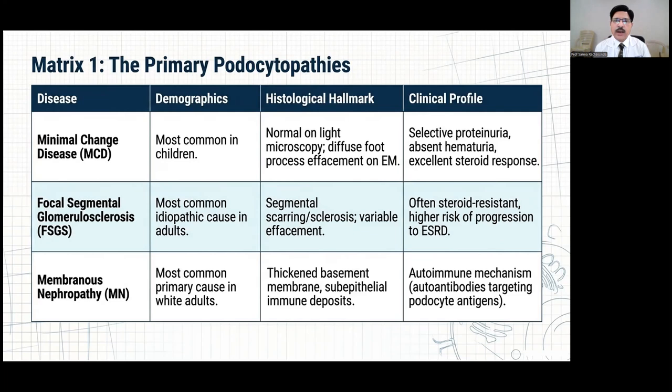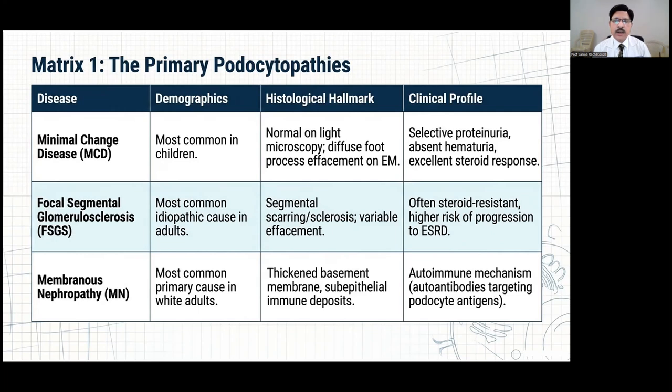Histological landmark: normal light microscopy and diffuse foot process effacement on electron microscopy. In FSGS, segmental scarring and sclerosis and variable effacement. In membranous nephropathy, the basement membrane is thickened and subepithelial immune deposits are seen.